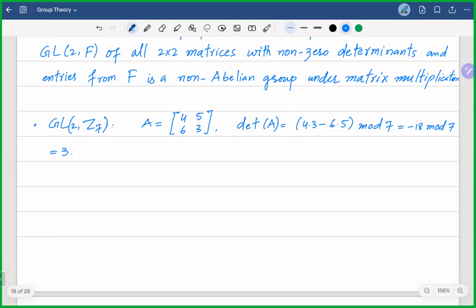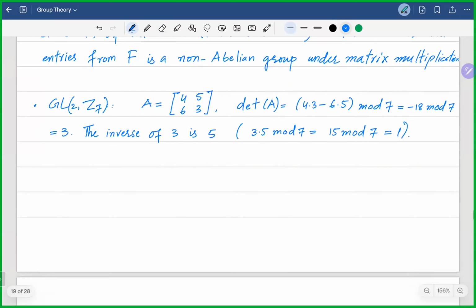Okay, so you can write that the inverse of 3 is 5, you can say that 3 into 5 is 15. 3 into 5 mod 7 is 15 mod 7, which is 1.